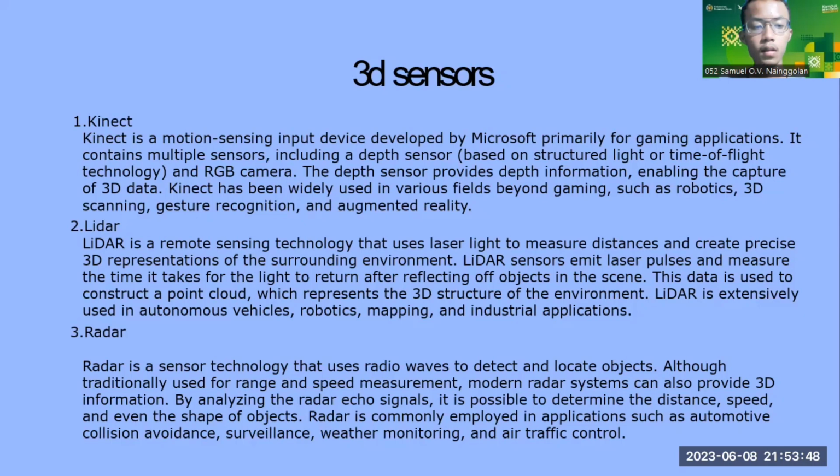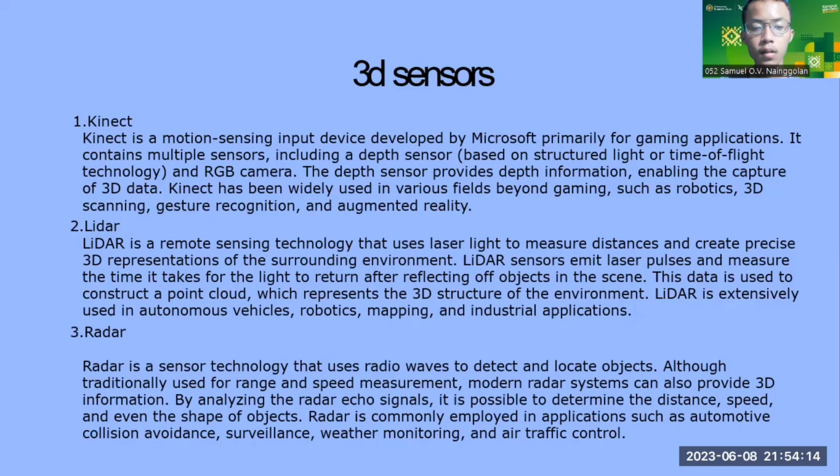Last but not least, third, radar. Radar is a sensor technology that uses radio waves to detect and locate objects. Although traditionally used for range and speed measurement, modern radar systems can also provide 3D information.